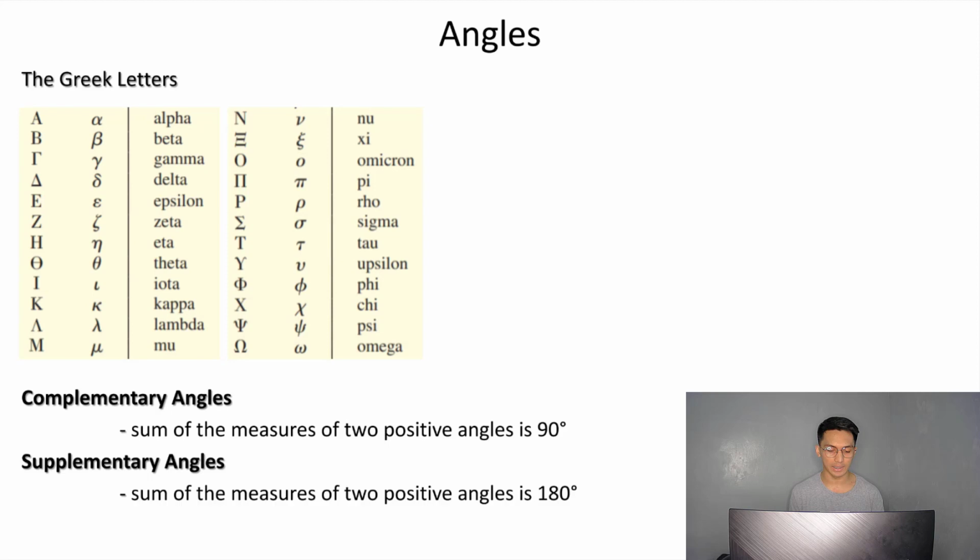While supplementary angles naman, the sum of the measures of two positive angles is 180 degrees. Kung meron kang dalawang angle at pinag-add mo yung kanilang measurement, you get the sum of 180 degrees. Ibig sabihin, those two angles supplement each other.